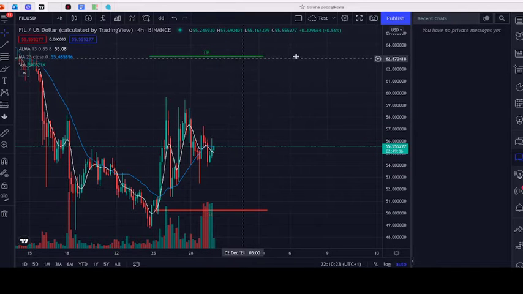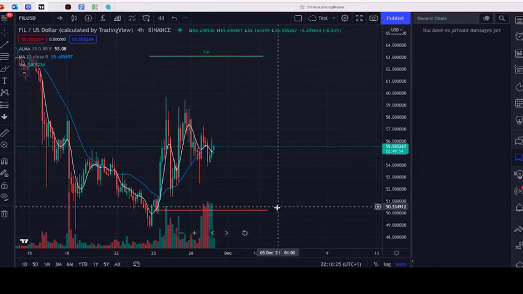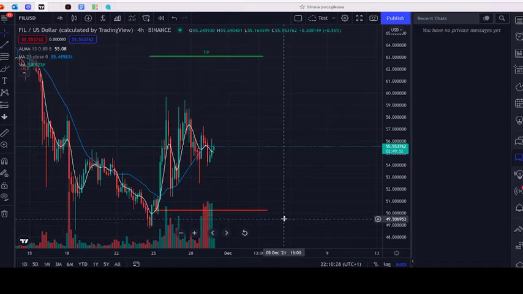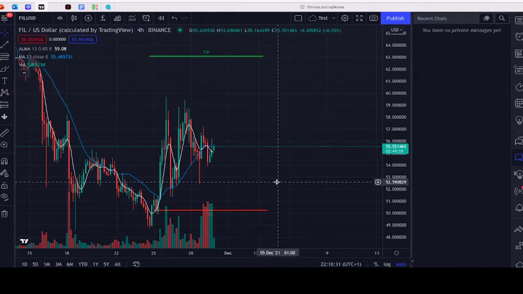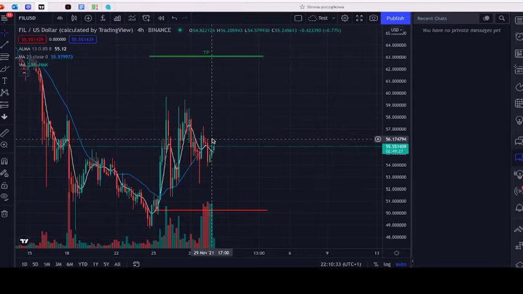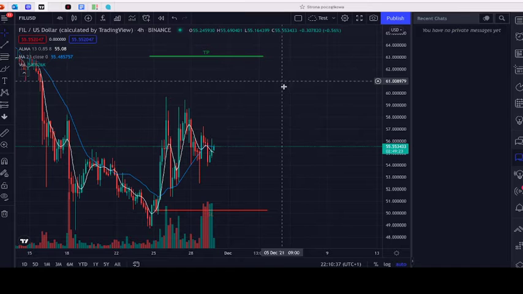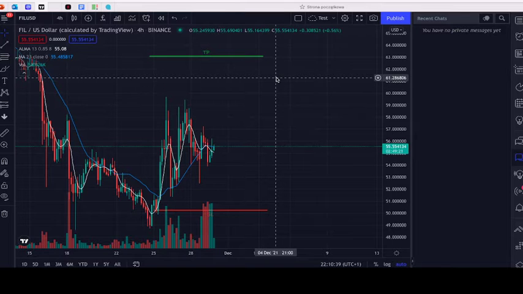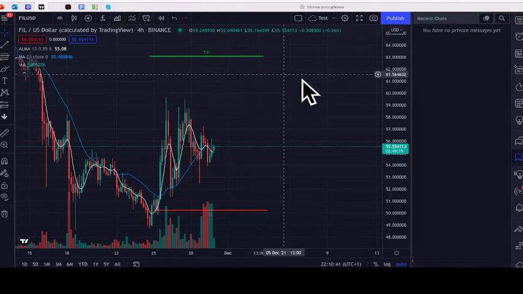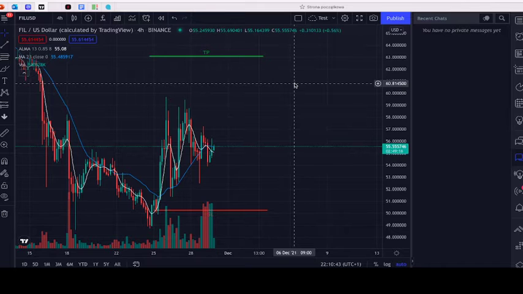Here we have far take profit, but same stop loss is far because long-term position. But if we will be soon on that level, we close it manually.